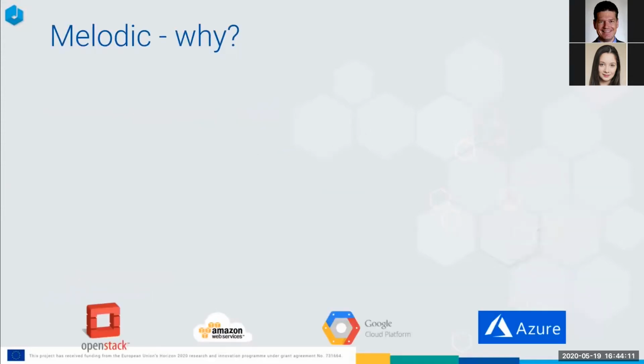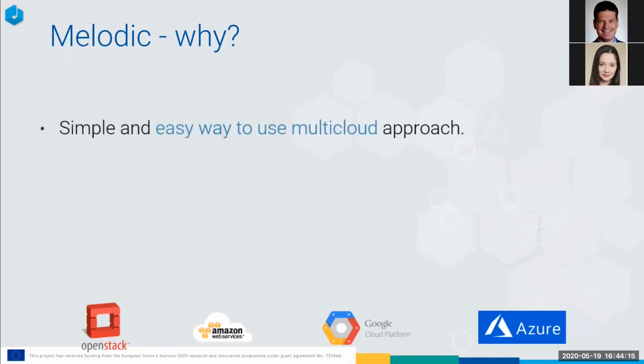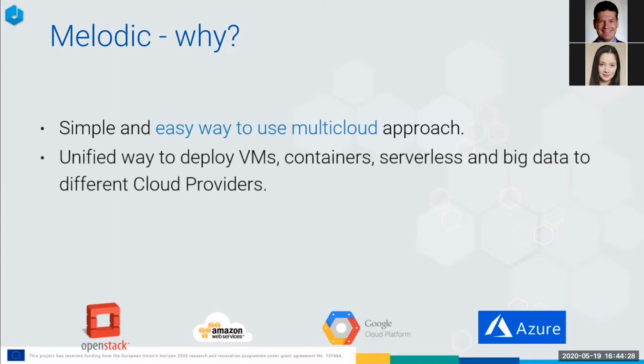So why did we start the Melodic project and develop this platform? Well, the first is that there is a problem using multiple cloud providers, and it is an even larger problem using multiple cloud providers at the same time. So we wanted to have one single interface to all these cloud providers.